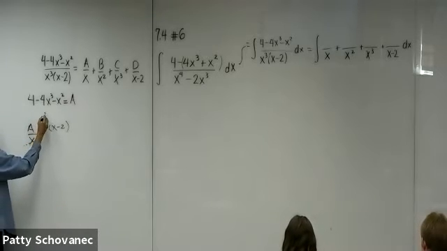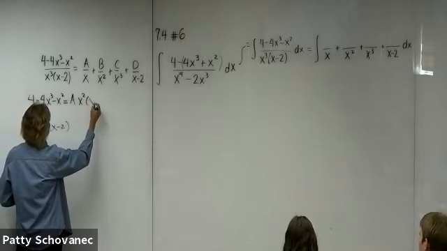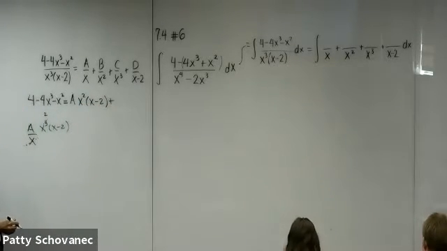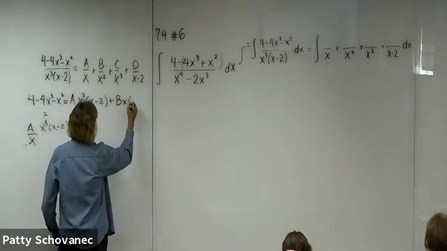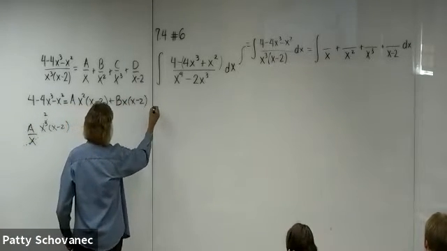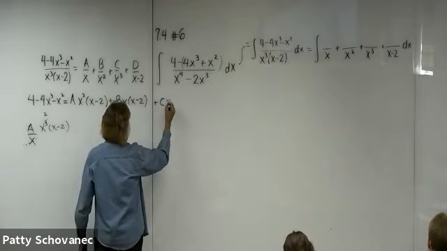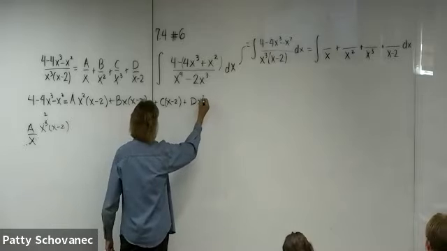Be an x squared, I mean, times an x minus 2. What about the b? It's going to be bx times x minus 2. Okay. And the c? c times x minus 2. And the d? x cubed. Okay.